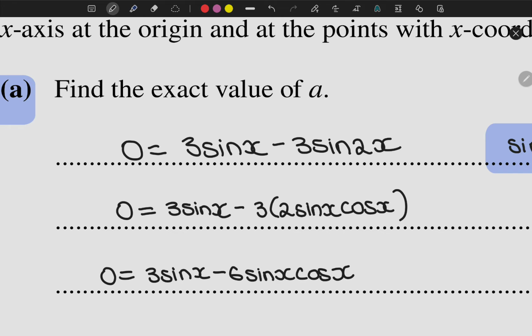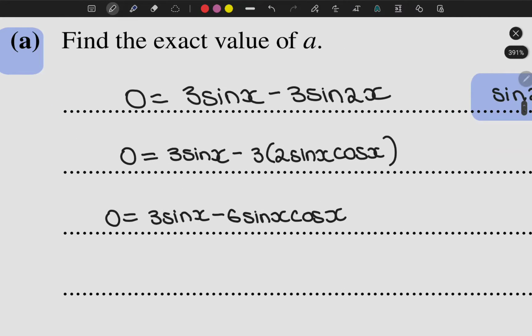Now we can't really solve this because we have sine x and cos x. So we need to try to get rid of the cos x. So let's see, sine x is common. Let's try that. So 3 sine x is common to both, so that's going to be 3 sine x times 1 minus 2 cos x.